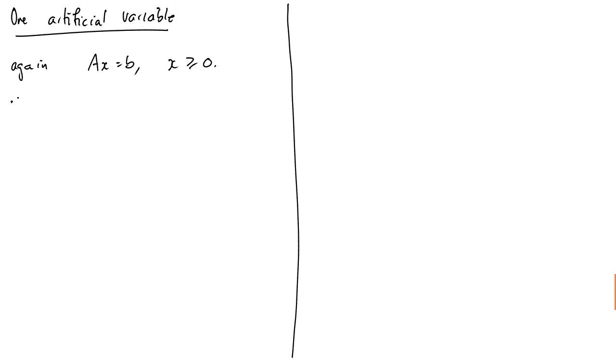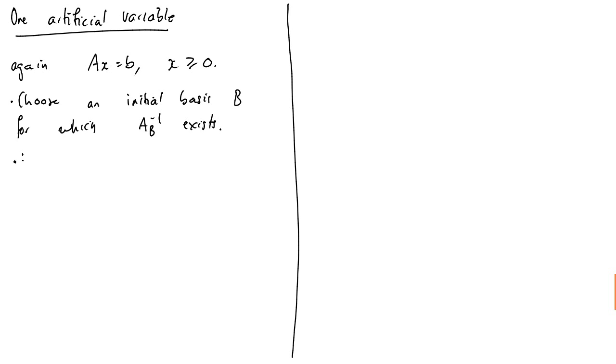So what we do this time is we choose an initial basis B for which A_B inverse exists. Okay, so we're just trying to choose basically m independent columns of our matrix A. That's not too hard. You can do it by Gaussian elimination and choosing some pivots. Okay, that's pretty straightforward.